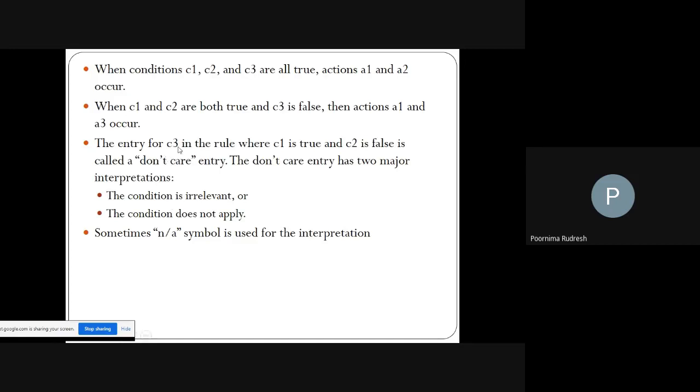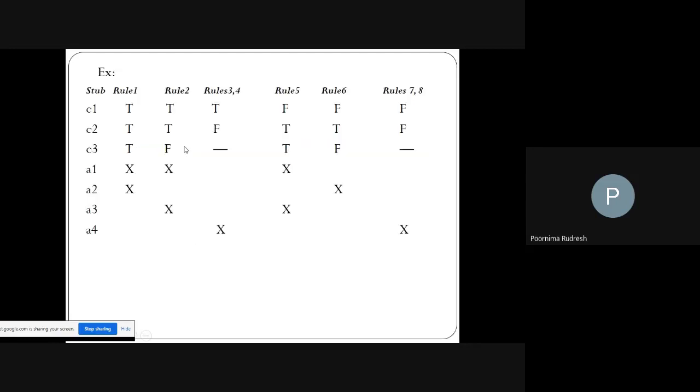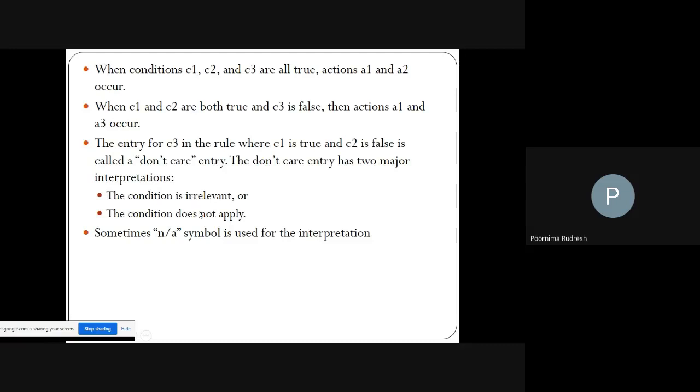See here, for rules 3 and 4, C1 is true, C2 is false, and C3 is a don't care condition. And for rules 7 and 8, C1 and C2 are false, and C3 is a don't care condition. What is the meaning of this? As I said, the condition is irrelevant or does not apply.